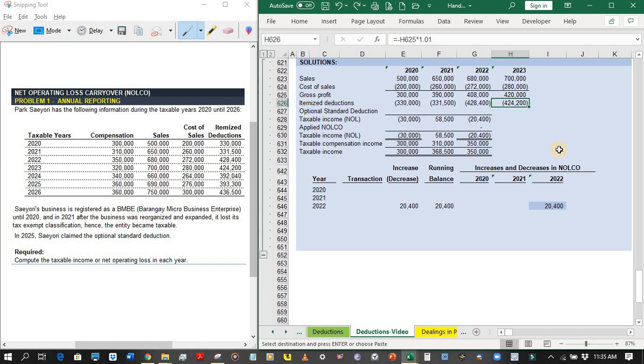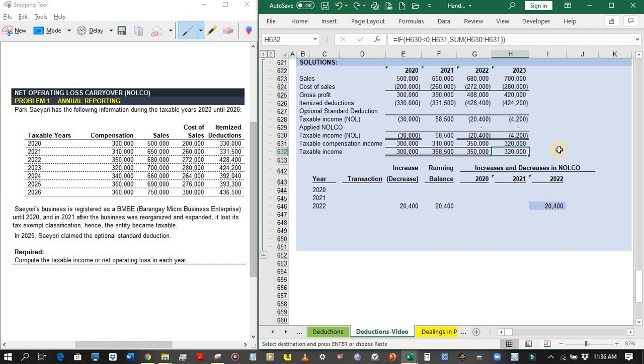That is why we have a net operating loss of 4,200. So again, the 4,200 net operating loss cannot be deducted from the taxable compensation income of 320,000 pesos. So that is why the taxable income is the full amount of compensation of 320,000 pesos.